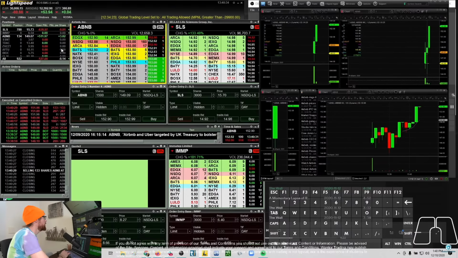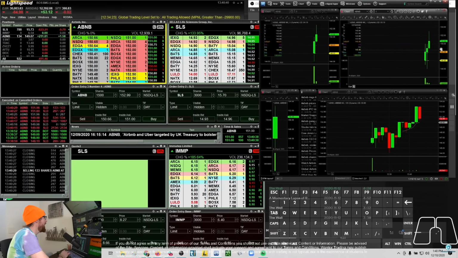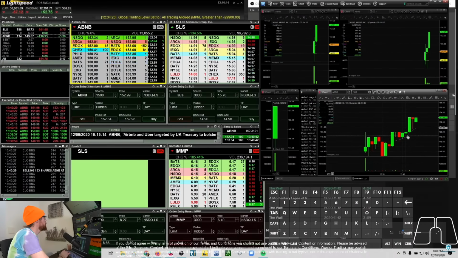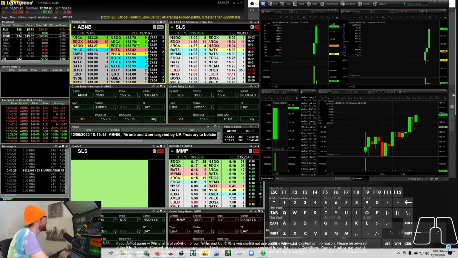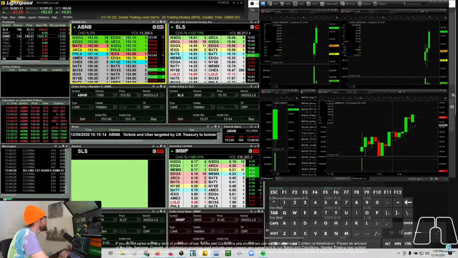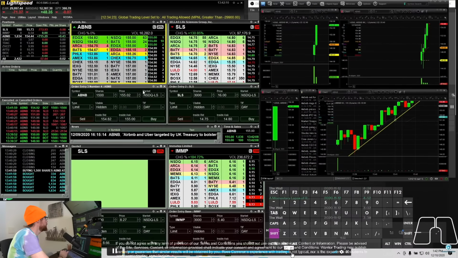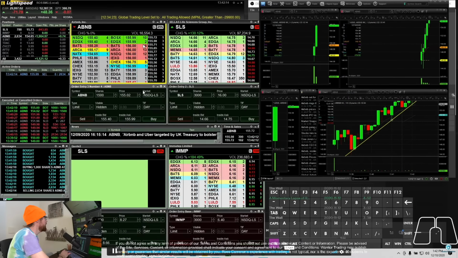153. It broke a critical level. Now it's pulling back. Will it hold support at 150? There's 153, 153.50, 154 coming up. 13 million shares of volume. 155 on the ask, and I just added 156 on the ask.